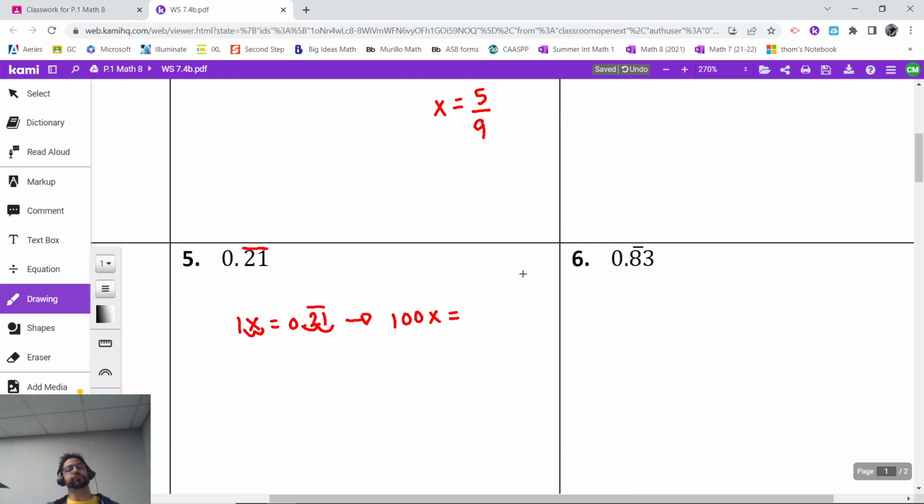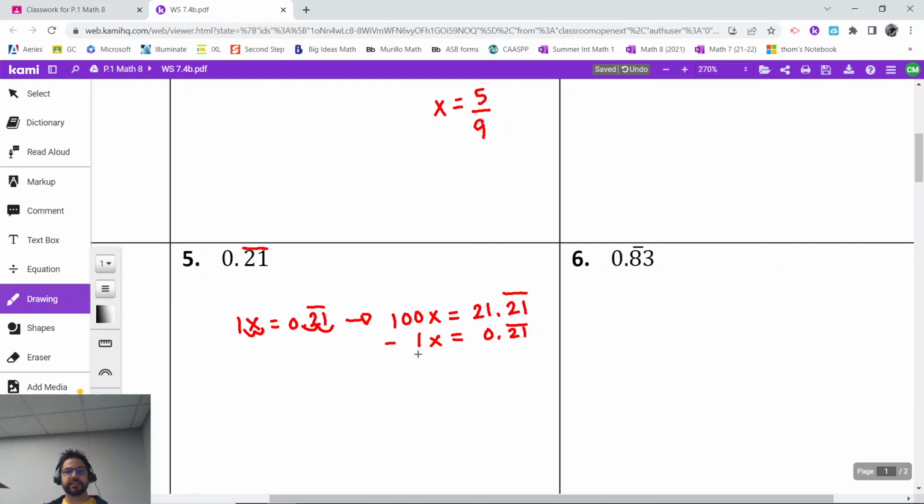And if I move it 2 places, that would really be a 21.21 because the 21s just keep repeating. All right, if I line up my 1x, you're going to ask yourself, lining up your decimals, do my repeating decimals line up? Yeah, if you notice the 21, 21 repeating.